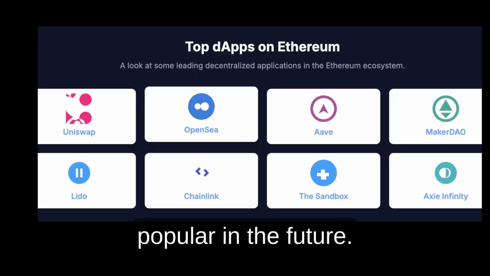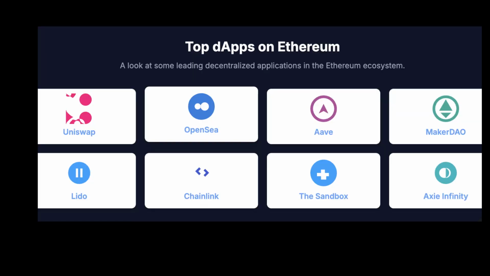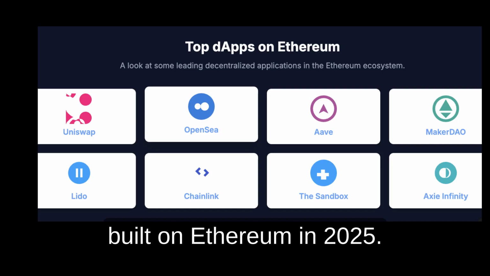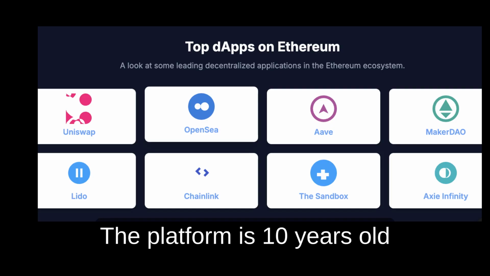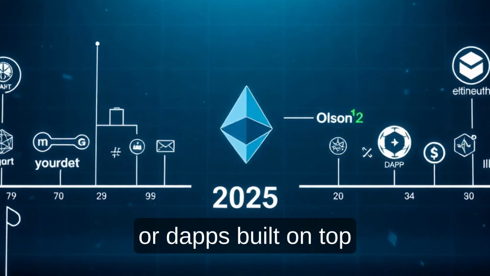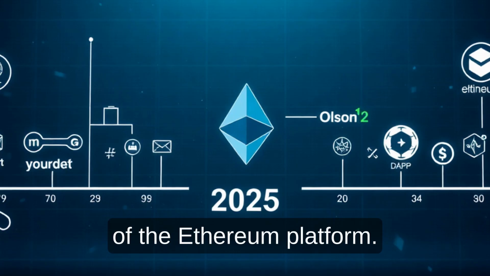Many applications that require the characteristics of a blockchain are already built on Ethereum, and many more are being developed every day. This could make it very popular in the future. Let's look at some of the apps that have been built on Ethereum. In 2025, the platform is 10 years old, and there are tons of distributed apps or DApps built on top of the Ethereum platform.